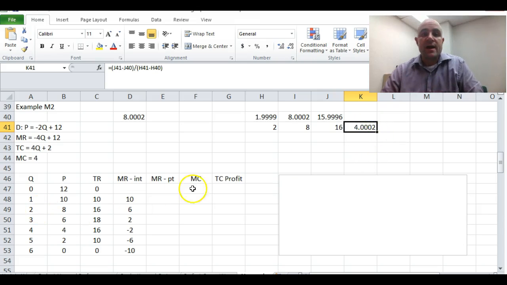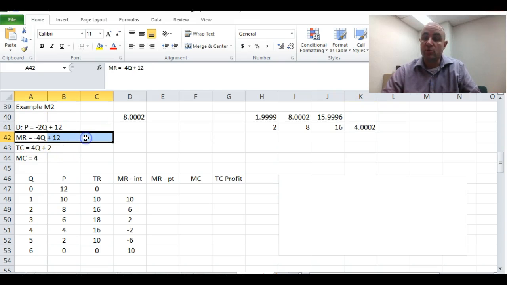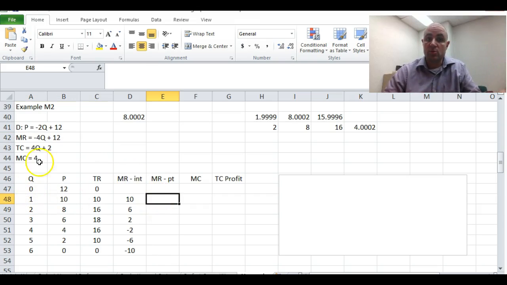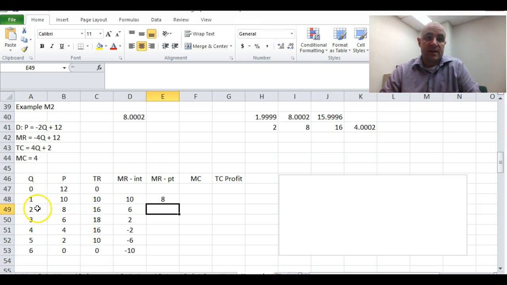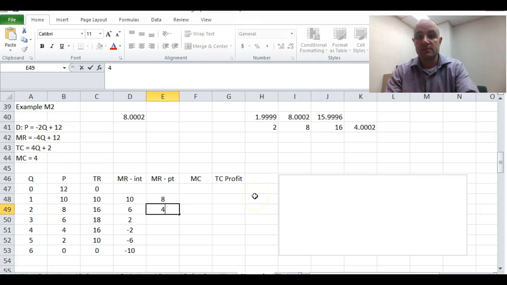Now, if we keep going on this, we are going to find that the point is going to be the marginal revenue equation that we found here. If we plug in, for example, 1, instead of going from 0 to 1, minus 4 times 1 is minus 4 plus 12. And so the marginal revenue at 1 is going to be 8. And then for 2, minus 4 times 2, which is minus 8, plus 12 is going to be 4.